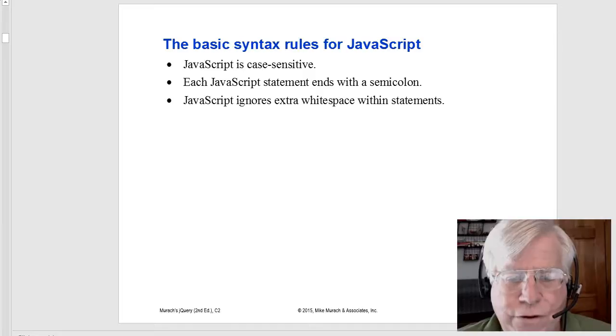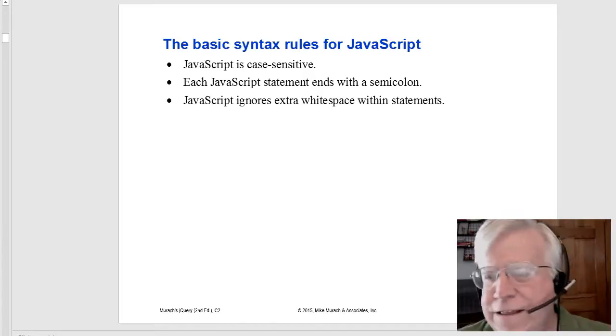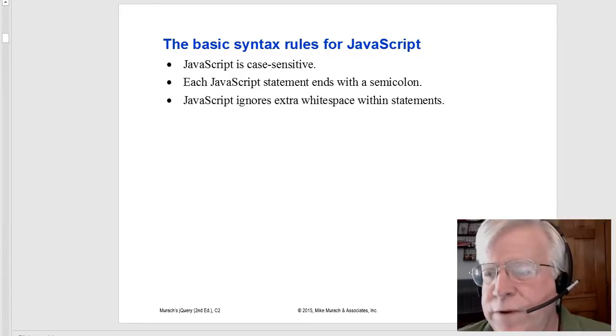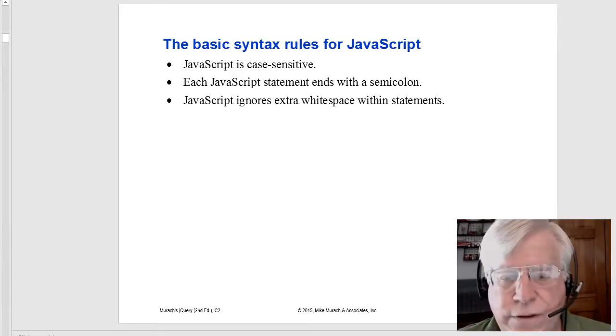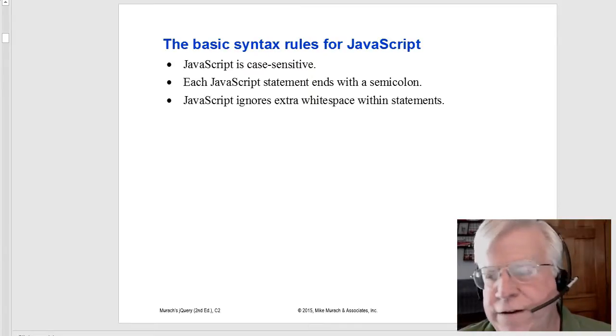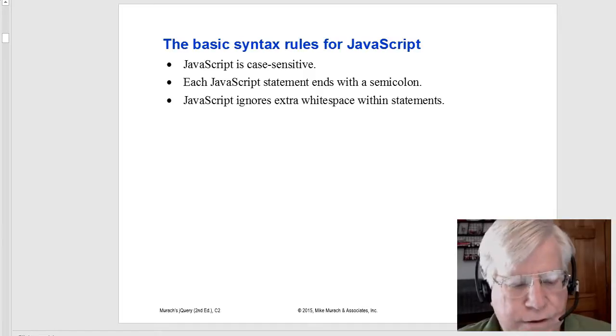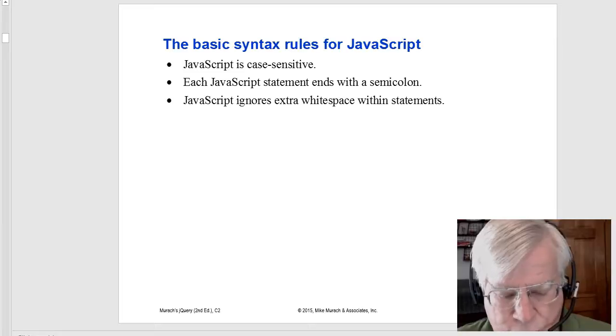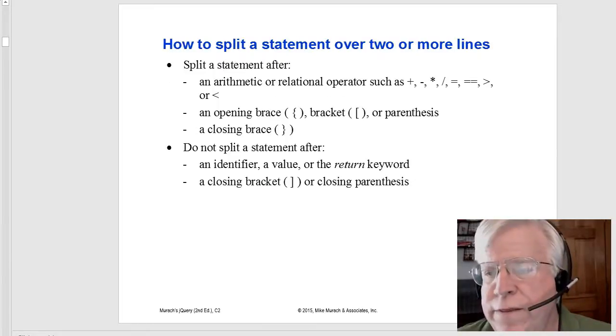Those of you in Python will not like that. Those of you in C will like that. JavaScript ignores extra white spaces within statements, so in Python, you have to have your spaces just right when you do your indenting. In C, C++, C#, white spaces are ignored, and JavaScript is the same way there.